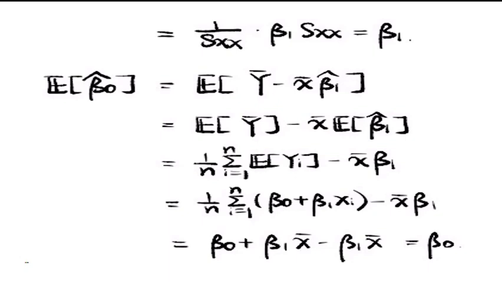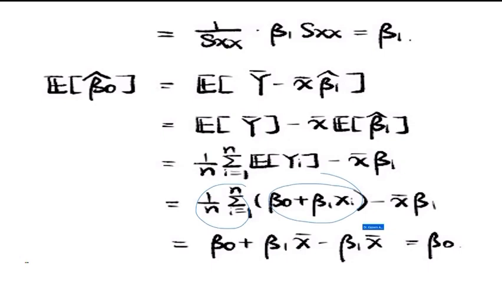Now, when I introduce 1 over n and summation, we cancel n. Summation from i equals 1 to n is still n. But don't forget the model: the expected value of y is beta naught plus beta 1 x. Now I'm going to use this to multiply each term.